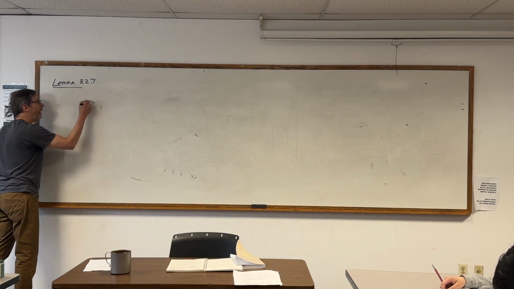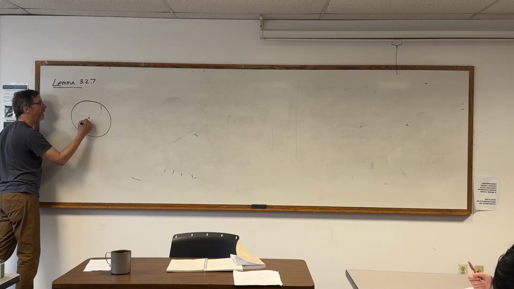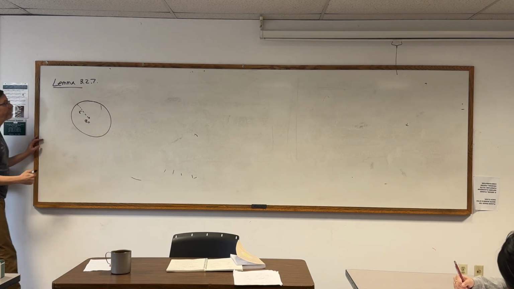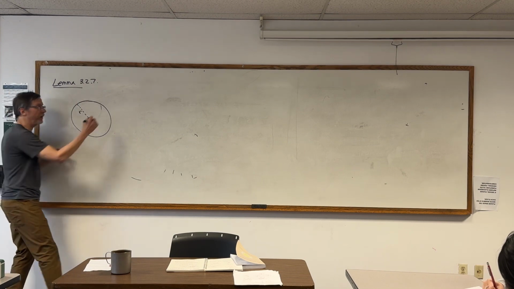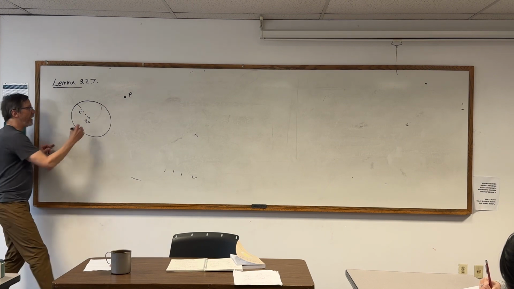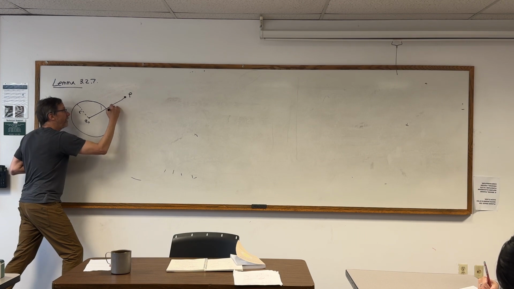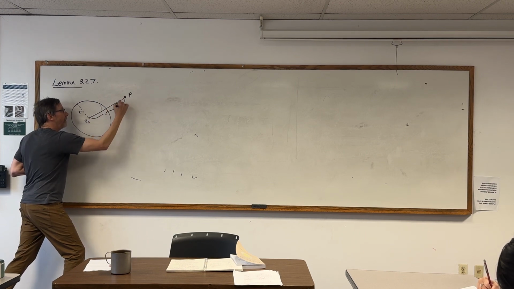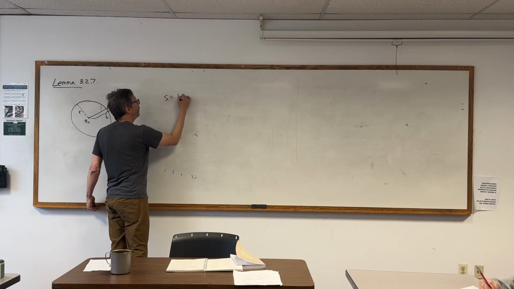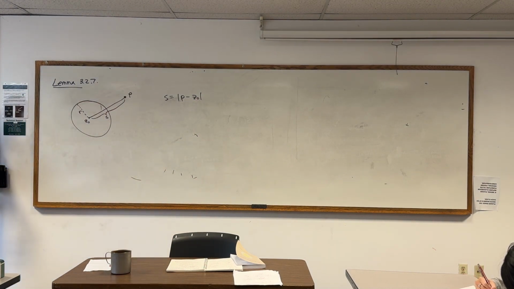So if I have a circle of radius r, let's say center C naught, radius little r, and I take a point outside the circle, P, out here. I'm going to call the distance from that point to the center of the circle S. So that distance there, whatever that length is, is S. In other words, S equals the modulus of P minus the center.